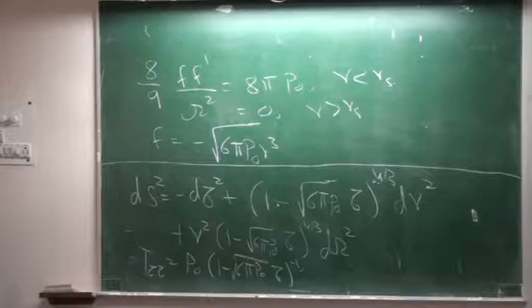We are coming to the end of our long algebraic manipulations in a second. So this is true for r larger than rs, and this is true for r smaller than rs.